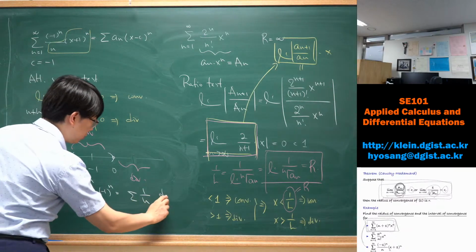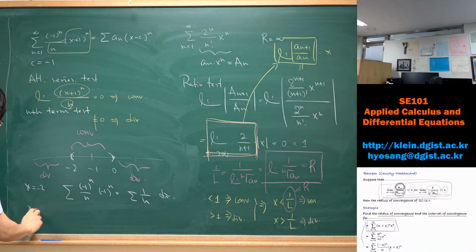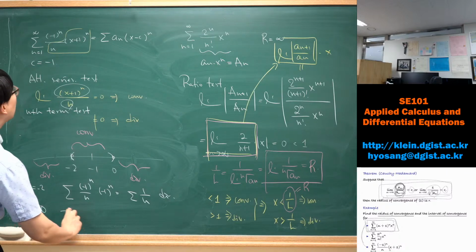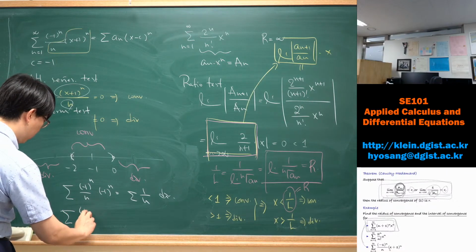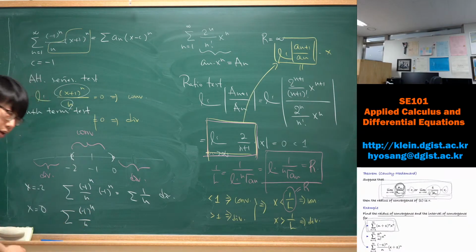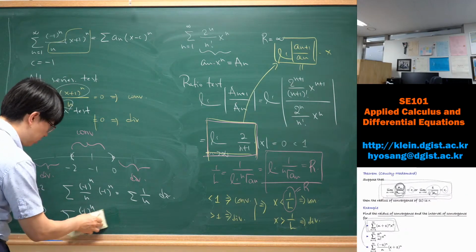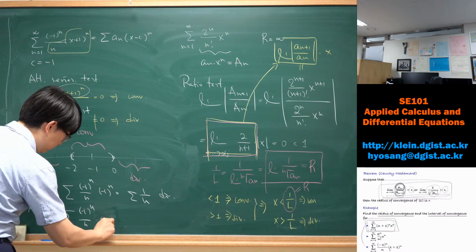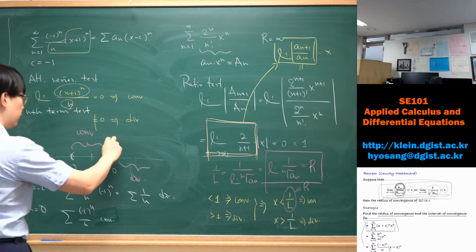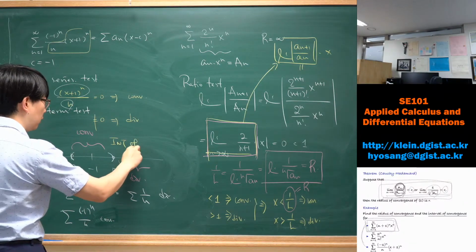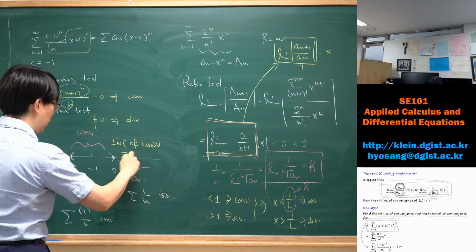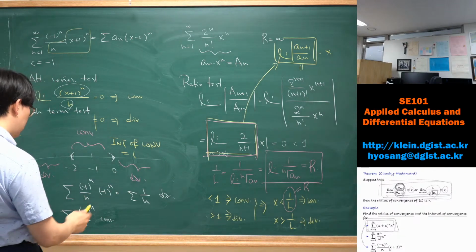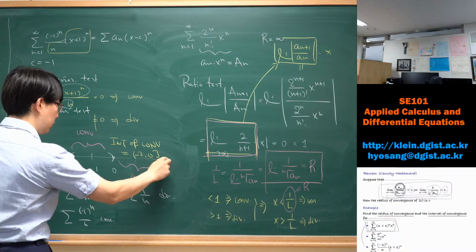It always diverges. When x equals 0, this is (minus 1) to the power of n over n, and we know that this converges because of the alternating series test. So the interval of convergence includes 0 only.